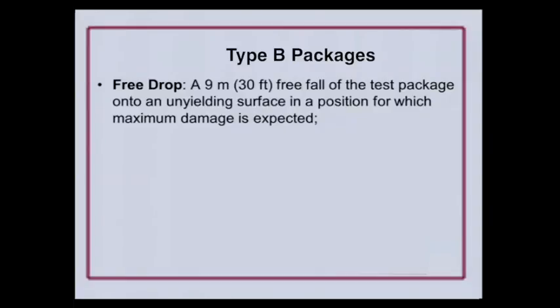It's in a position in which maximum damage is expected. It'll depend on the design of the packaging itself, but in most cases the point of impact will be a welded joint or a seam, because you would expect that to be the weakest part of the package system.